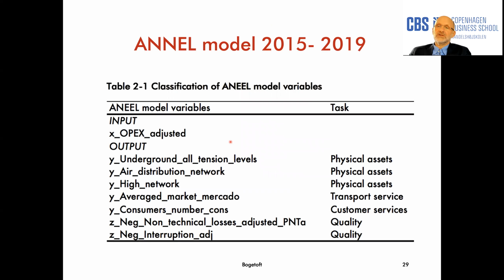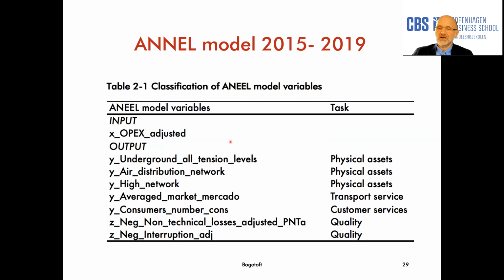A more recent attempt to make a model is the ANEEL, the Brazilian regulator's model. Here is again only Opex, so operating expenses; Totex, capital expenses, is ignored. And then you have some physical assets, namely underground lines, overhead lines, and some high voltage lines.